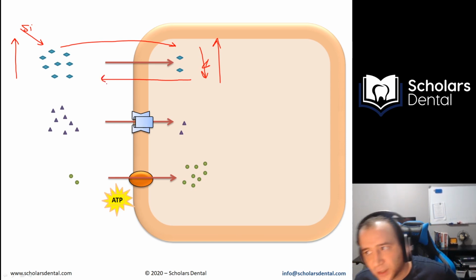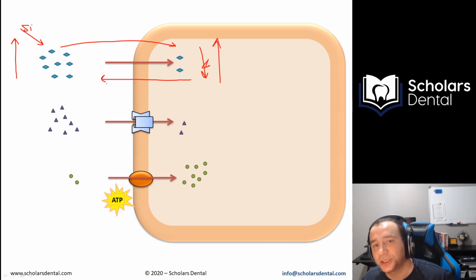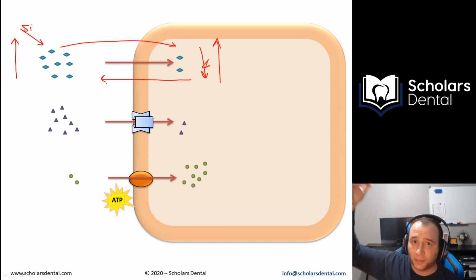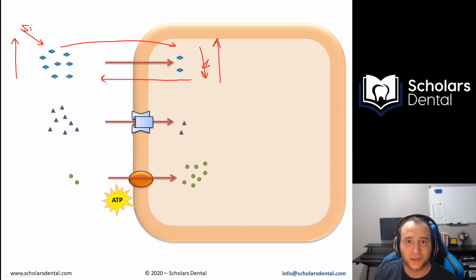Think of the difference in concentration as a force like gravity. If I'm on top of a building and I throw something down toward the earth, I don't need to use energy because there's gravity. That's the natural pull.